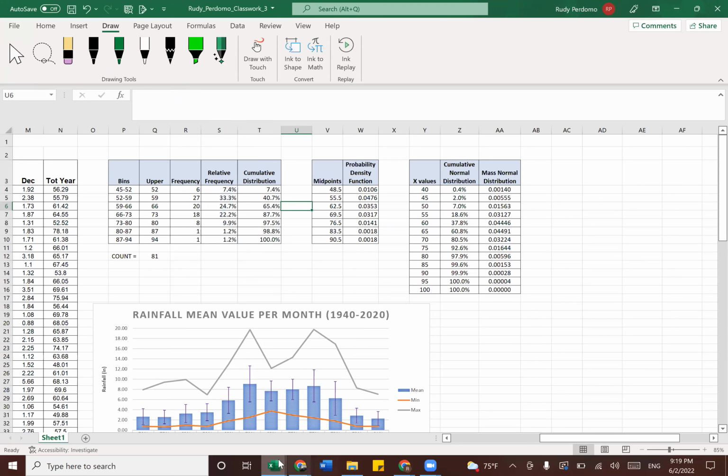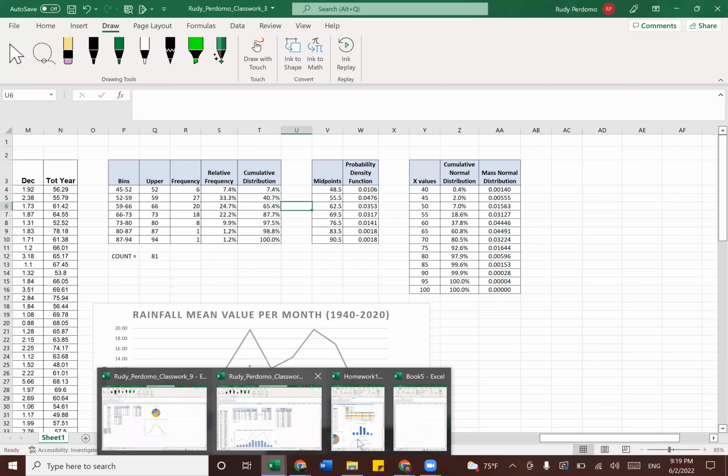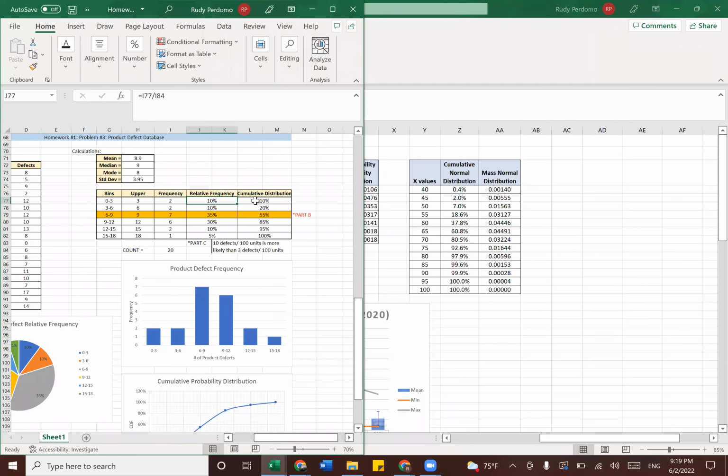Or if you'd rather, to be able to just drag down the equation, you could just do the current bin plus the probability of all the previous bins. So the value above it. So now we're adding this bin to the probability of the values.